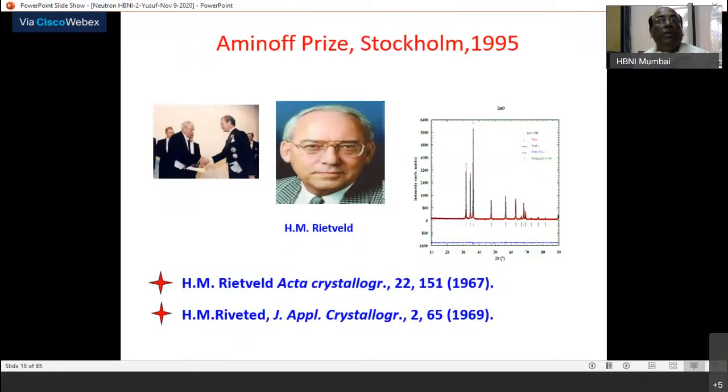Now, for the rest, just to give you the temptation, my colleague will talk. Once you get the magnetic diffraction pattern by doing neutron diffraction, what do you do with that?